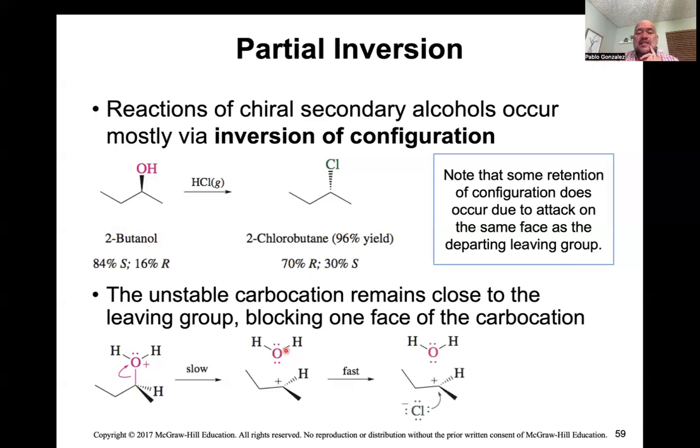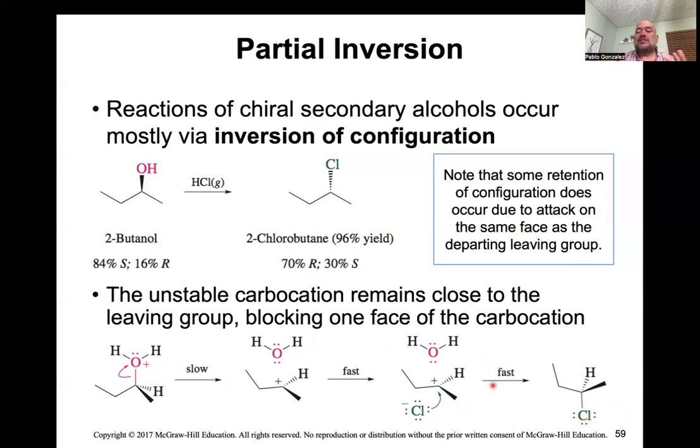In that sense, the nucleophile is going to attack more easily the bottom face instead of the upper face. So that's why this one is going to create that inversion. You can see here that now the chlorine is on the bottom, while the oxygen of the alcohol was first on the top. So that's why you have the inversion of configuration.